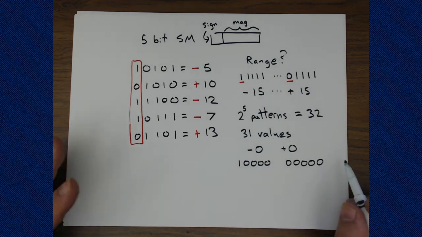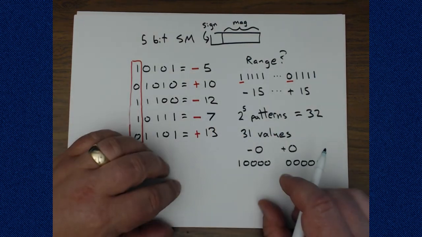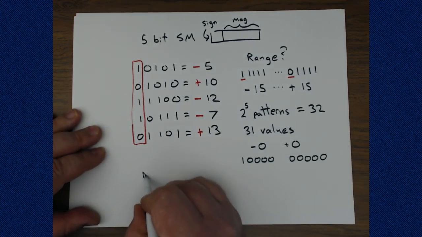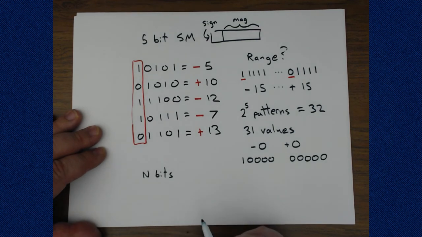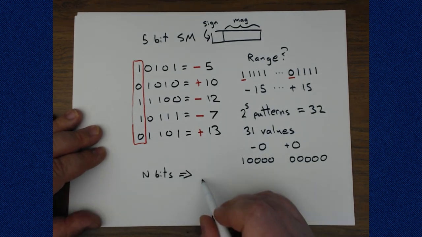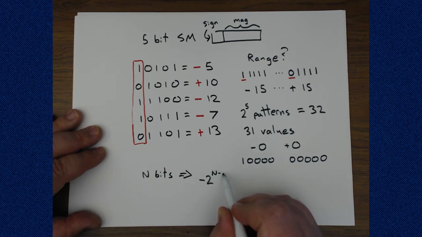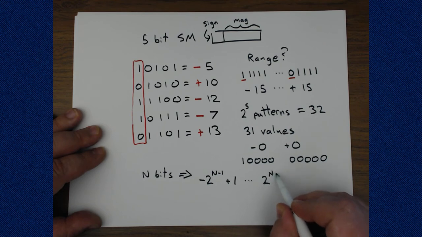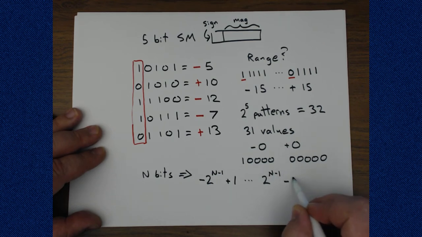And so we can expand this understanding into the grander range and say that if we have n bits, then we're going to end up with a range that goes from negative 2 to the n minus 1th plus 1, all the way up to 2 to the n minus 1 minus 1.